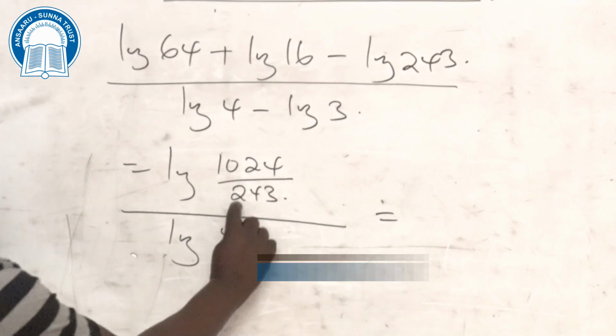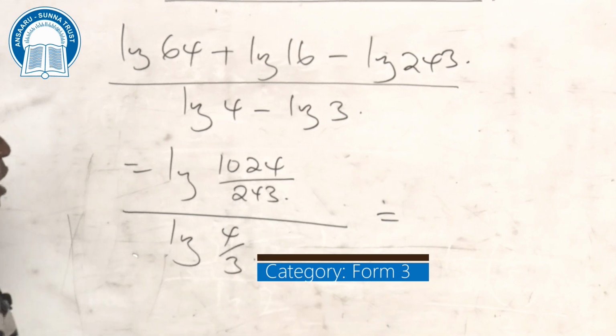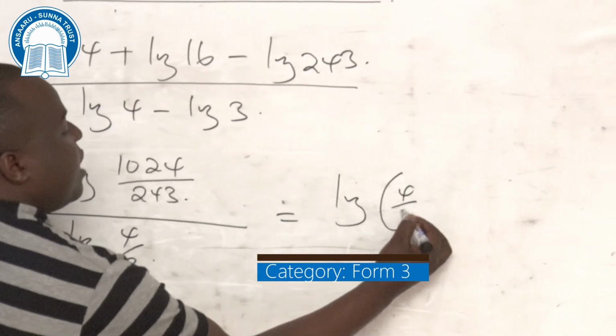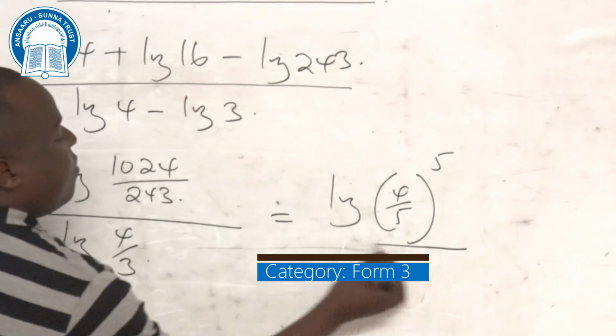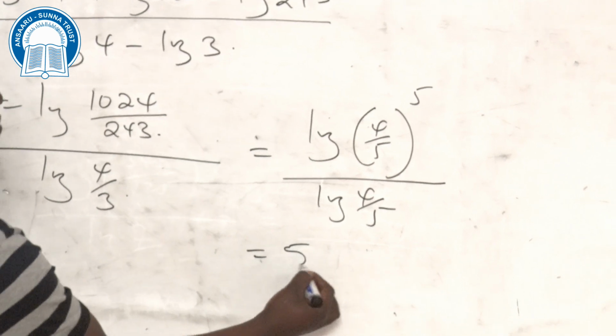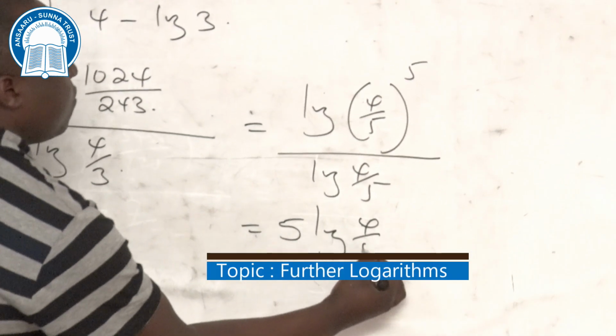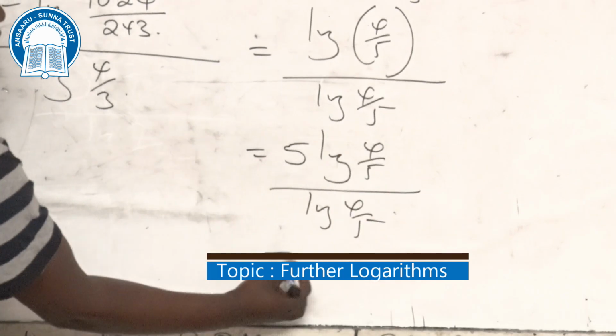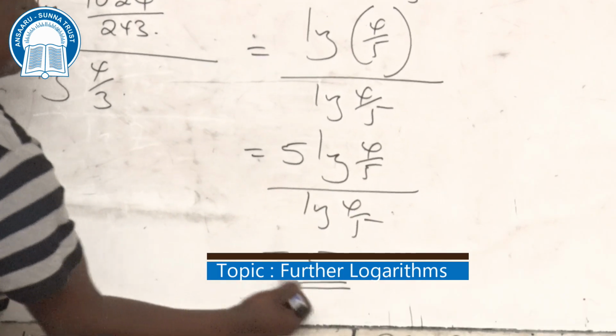And if I say 3 raised to 5, I get 243. Then simplifying this would be log 4 over 3 raised to 5 over log 4 over 3, which is the same as 5 log 4 over 3 divided by log 4 over 3. Then eventually the final answer will be 5.